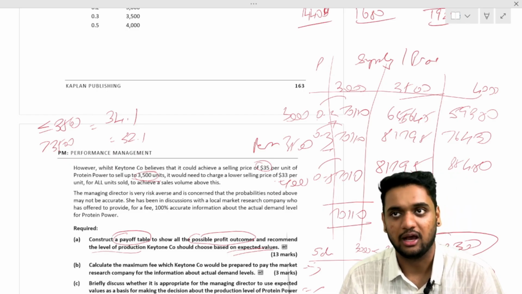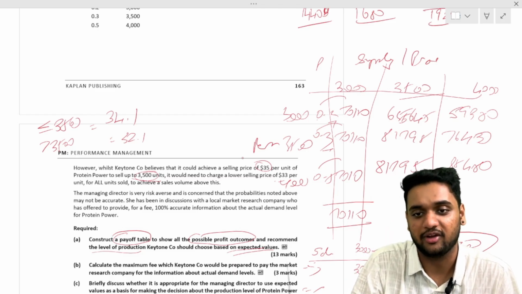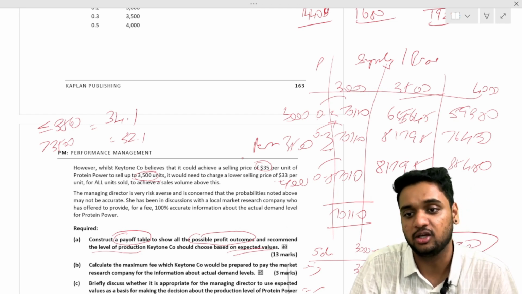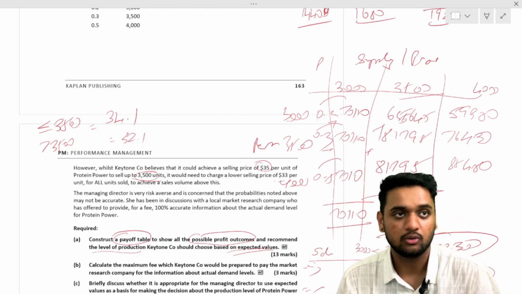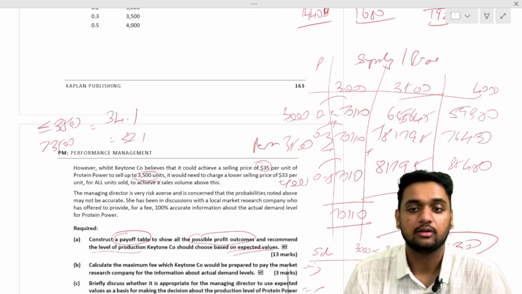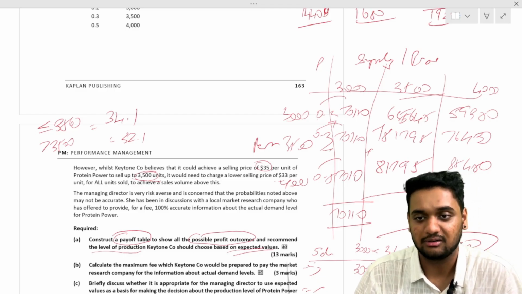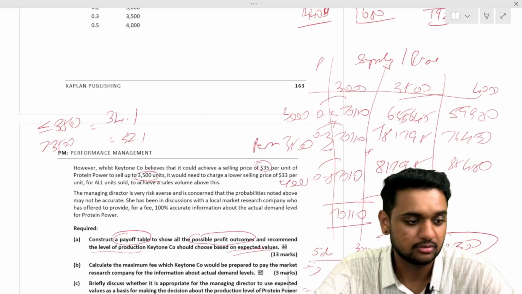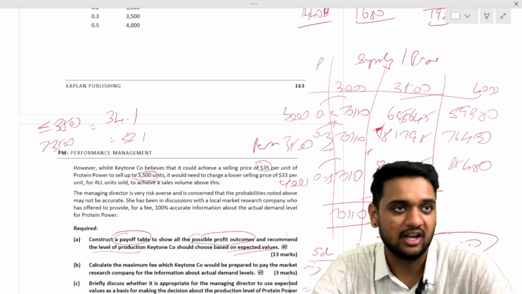Understood? Second, 20% into 65,645, 30% into 81,795 plus 50% into 81,795. You add everything, what are you getting? In the payoff table, 65,645, 81,795, 81,795 over both.